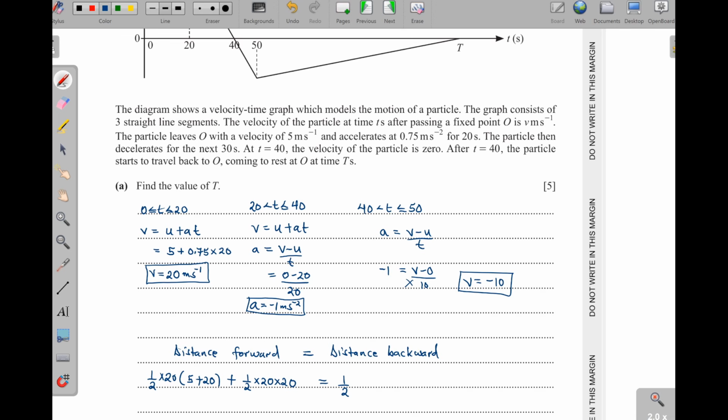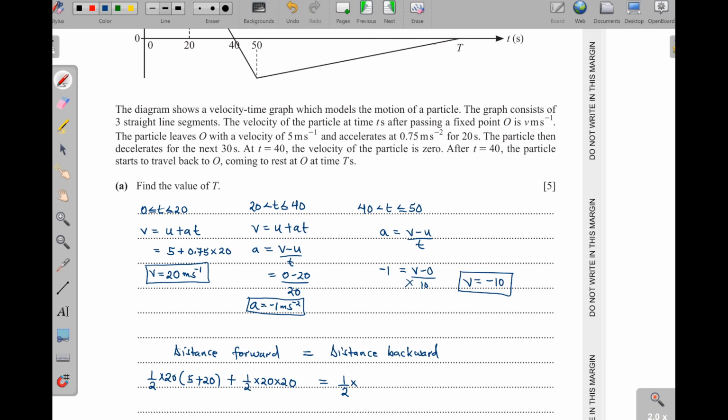Now here, the distance for traveling backwards is from here. They said at t is equal to 40, the particle starts to travel back to O, coming to rest at this point. So from here to t, that is traveling backwards, okay? So here I'm going to have the distance traveled backwards is the area of this triangle.